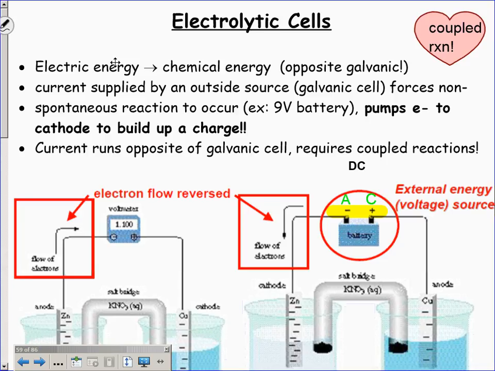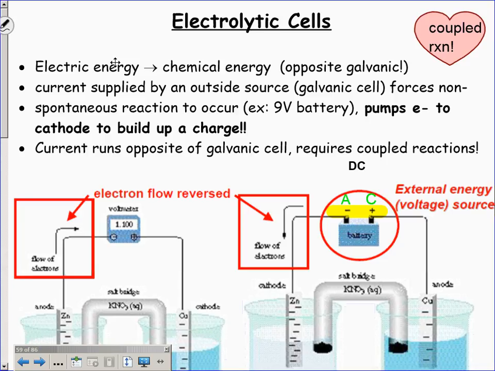So in the galvanic cell, we took what energy and converted it to what energy? Chemical to electrical. That was galvanic. The chemistry behind it was driving the electrons to be produced. We captured them. We moved on. So in this one, we're taking electrical energy and changing it to chemical energy to push electrons in a way that they normally wouldn't be pushed.